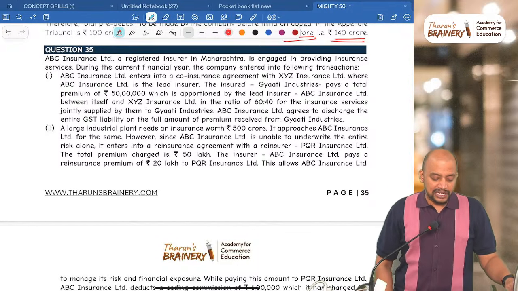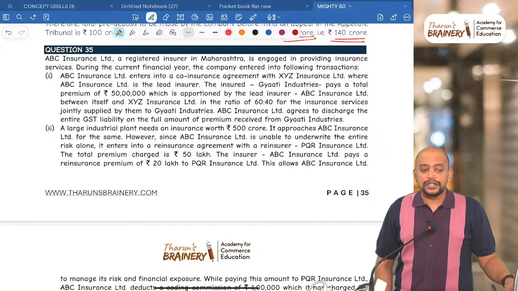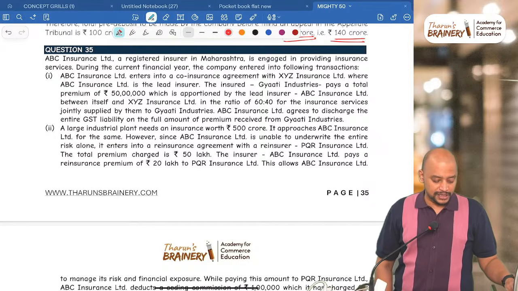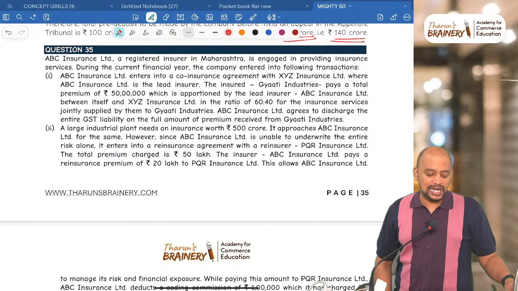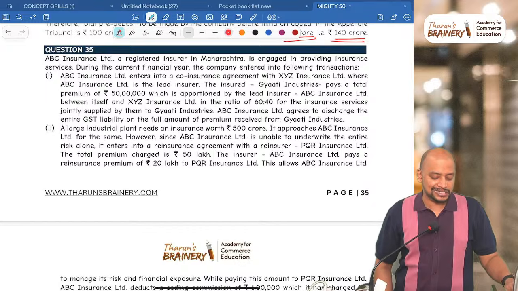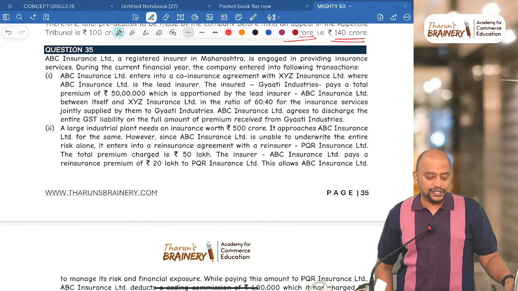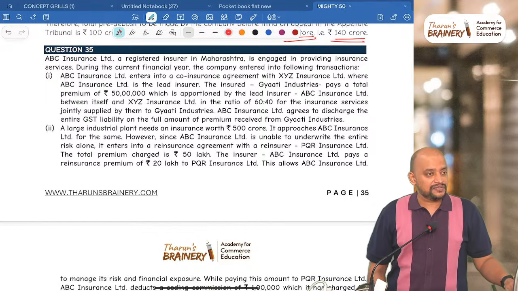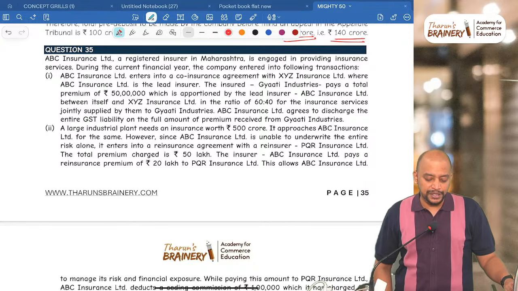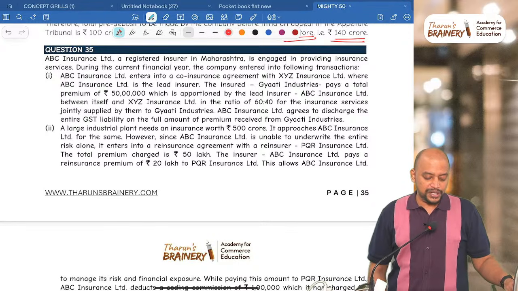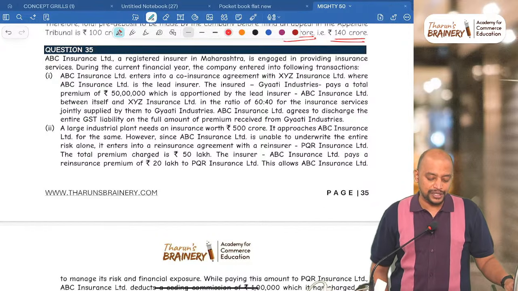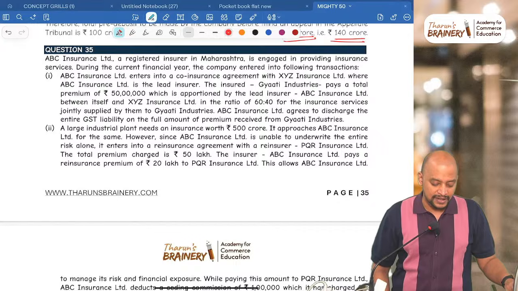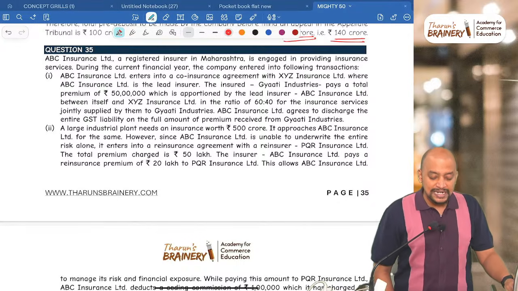Next, question number 35. This is related to co-insurance and reinsurance. ABC Insurance Limited, a registered insurer in Maharashtra, is engaged in providing insurance services. During the current financial year, the company entered into the following transaction. ABC Insurance Limited enters into a co-insurance agreement with XYZ Insurance Limited, where ABC Insurance Limited is the lead insurer.